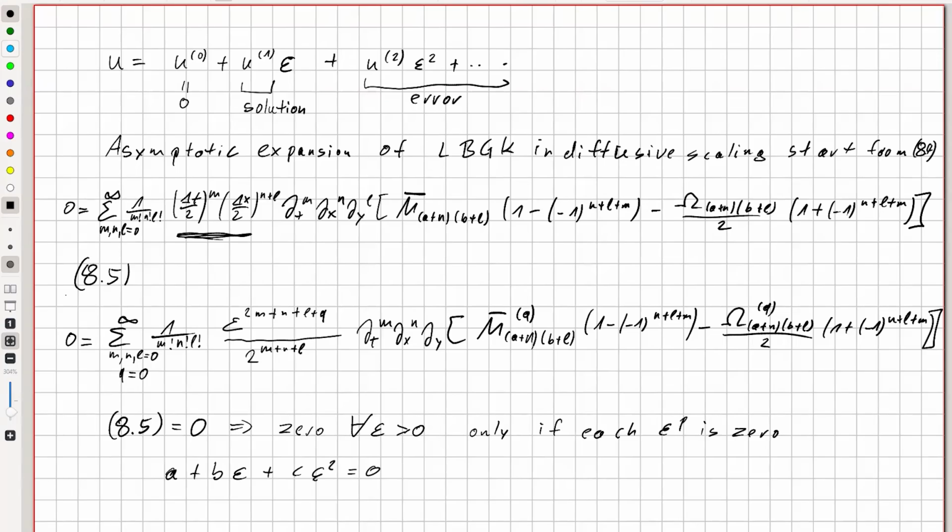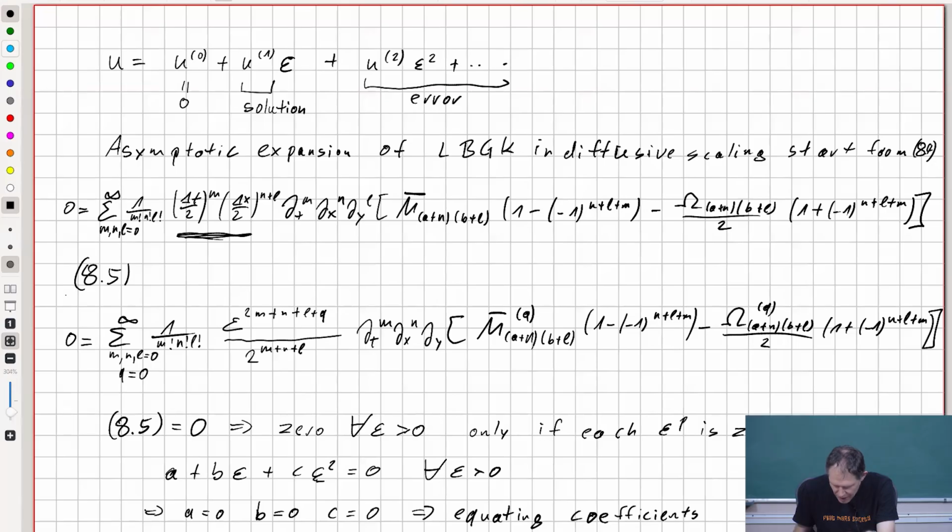You say this is 0 for all epsilons larger than 0. Then this can only be the case if a is equal to 0, b is equal to 0, and c is equal to 0, right? This is what we call equating coefficients. Very important step.